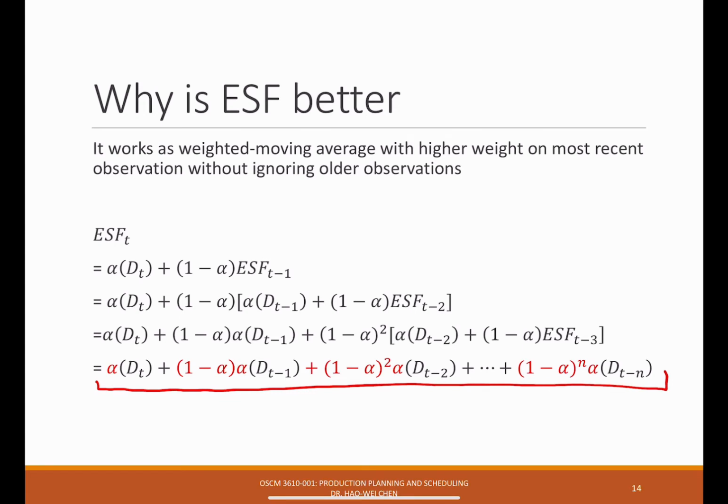As you can see, the weight for the most recent data will be alpha. For the older data, it will be alpha times (1 minus alpha) to the power n. So we get a higher weight at the front and lower weight at the end.